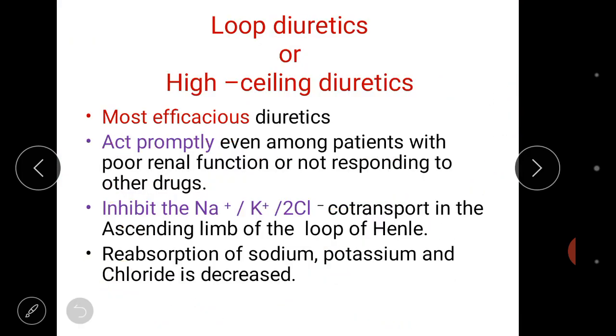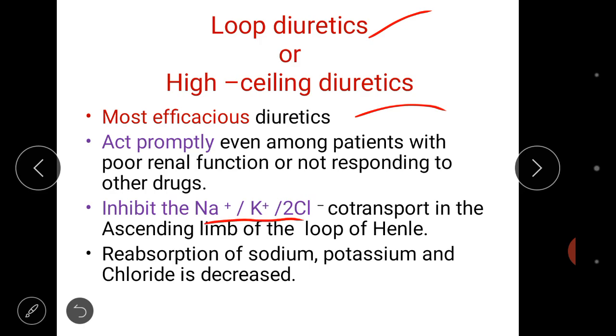We'll go through each class. High ceiling diuretics, loop diuretics. The main drug in this is furosemide, or frusemide, both are the same. It is the most efficacious diuretic, acting promptly even among patients with poor renal function or not responding to other drugs.